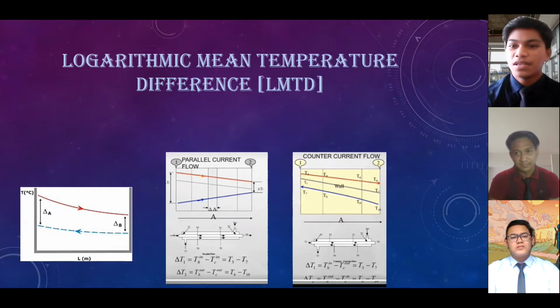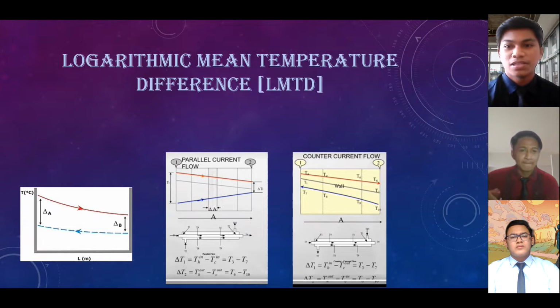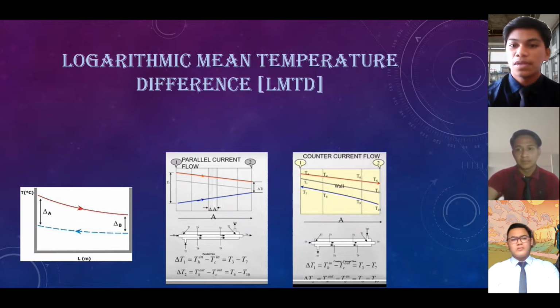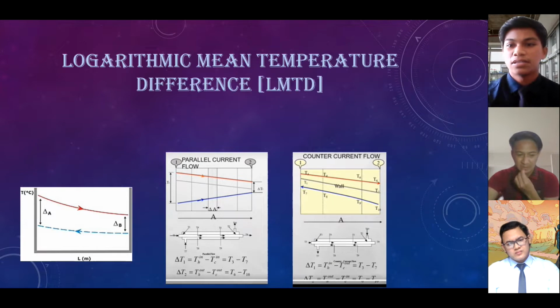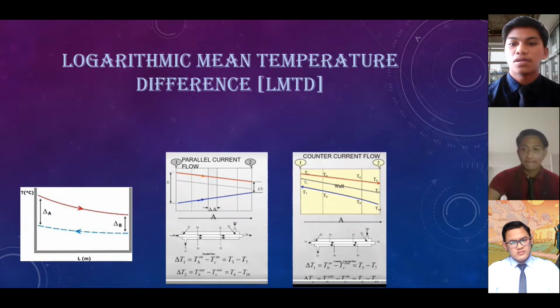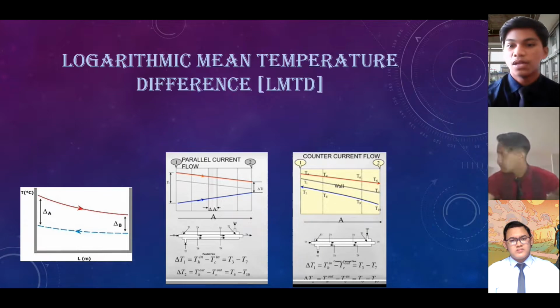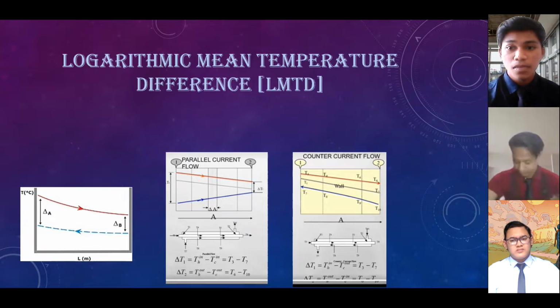The logarithmic mean temperature difference is used to determine the temperature driving force for heat transfer in flow systems, most notably in heat exchangers. The LMTD is a logarithmic average of the temperature difference between the hot and cold feed at each end of the double pipe exchanger.